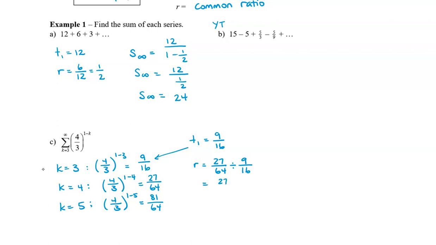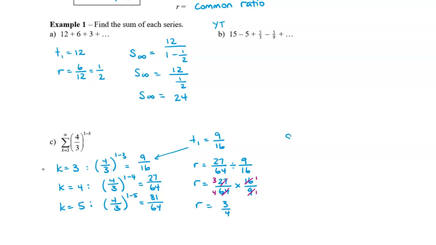So we're going to go 27 over 64. Division becomes times 16 over 9. And we can reduce here. So 9 goes into itself once, 27 3 times, 16 goes into itself once, and into 64 4 times. So the ratio is 3/4.